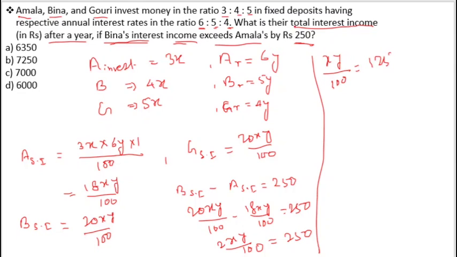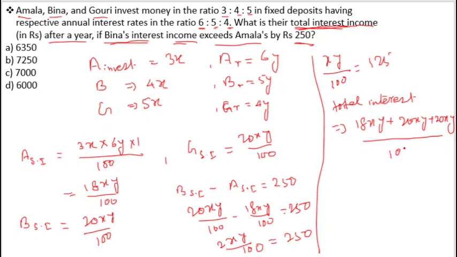Now the question is, what is the total interest income? The total interest income is the sum of the interest of A, B and G, that is 18xy plus 20xy plus 20xy divided by 100. 20 plus 20 is 40, so this is 58xy by 100, and we put xy by 100 equals 125.